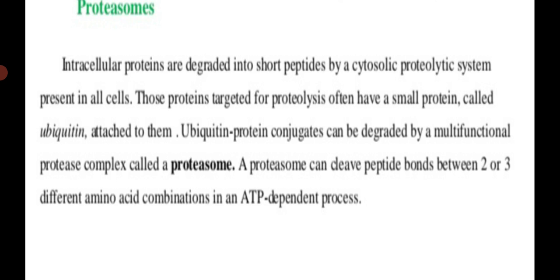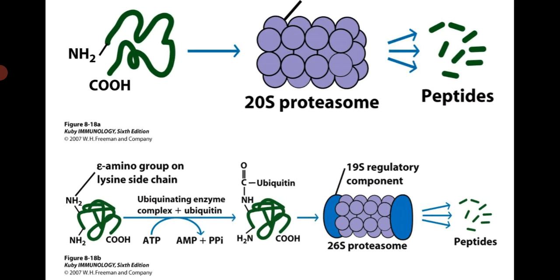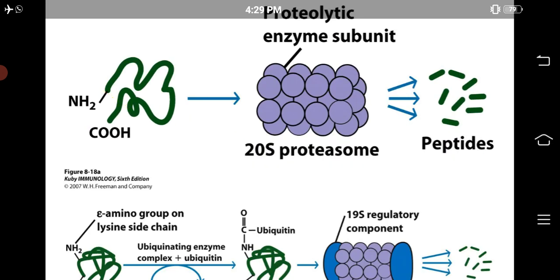In this process, a large sized peptide antigen is cleaved into a smaller sized peptide antigen, and then these smaller sized peptide antigens are ready to load on a class I molecule. After loading, they are presented to CD8 plus cells. Here, this is a peptide antigen.